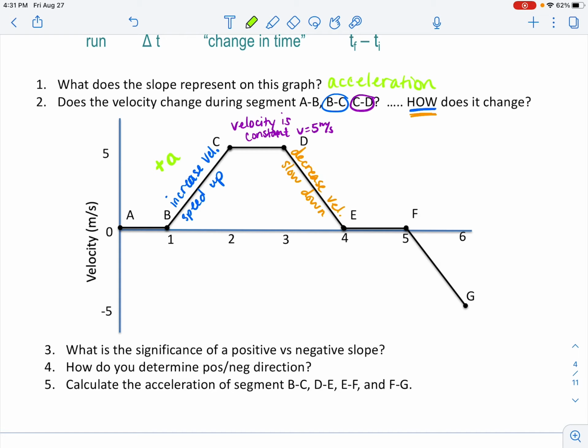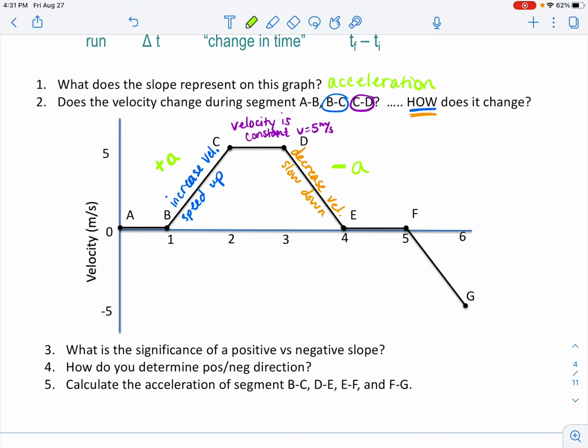If I look at segment DE, this is a negative slope in math class, so this would be a negative acceleration. Once again, my object is moving in the forward or positive direction, so a negative acceleration means that my object slowed down. There was a decrease in velocity, okay?